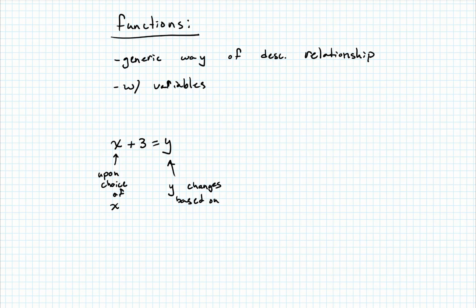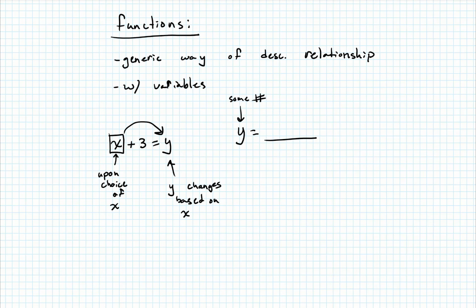We could say y is dependent upon x. We choose x, that then gives us a y. And that's the whole point of a function, that y, some number, is a function of x, meaning that it's equal to some relationship that involves x.